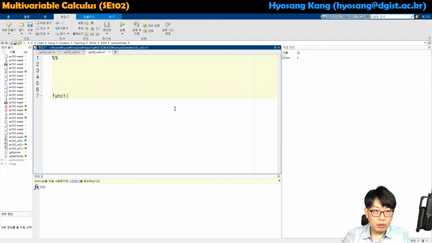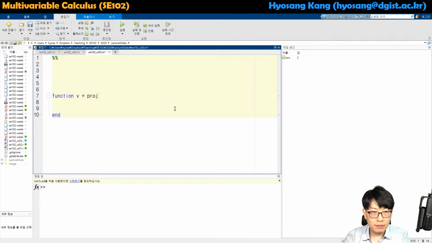Also when you define a function, the grammar always looks like this. So function and end. Some functions start from the word function and end at the end word. Also the function needs an input and output. So output comes here, so v will be the output. And the function needs a name.